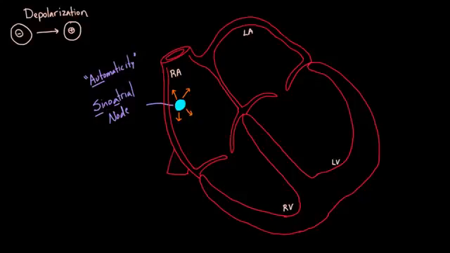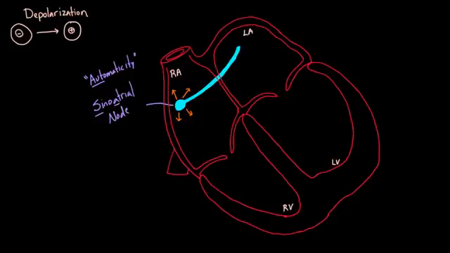And that orange arrow is moving kind of slowly, right? That depolarization wave is moving slowly relative to how fast it could move through a specialized band of tissue. This band of tissue that I'm drawing, this blue band, is almost like a highway compared to that orange arrow, which is like a little road.